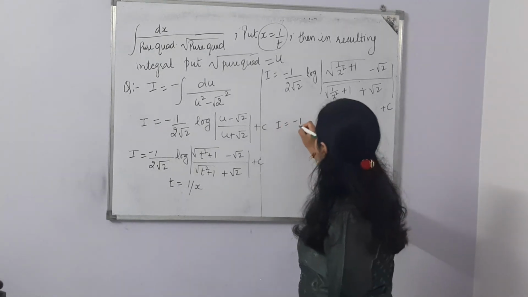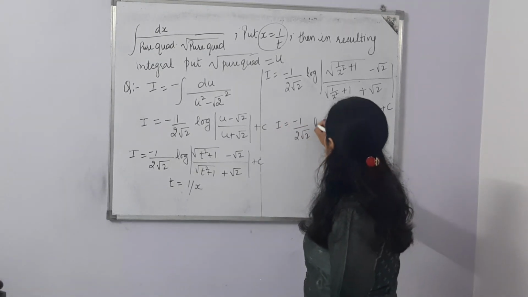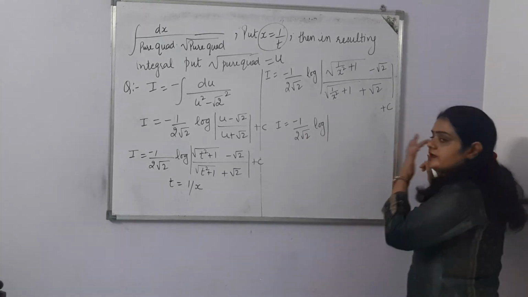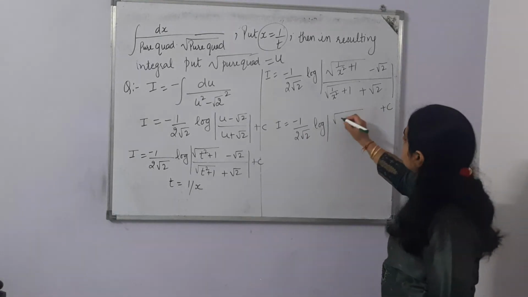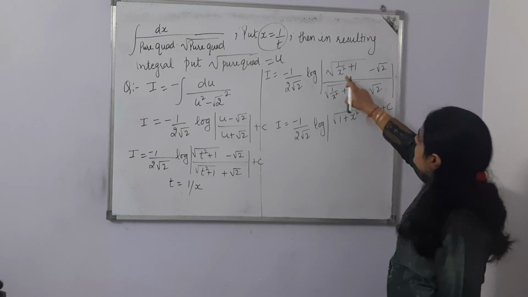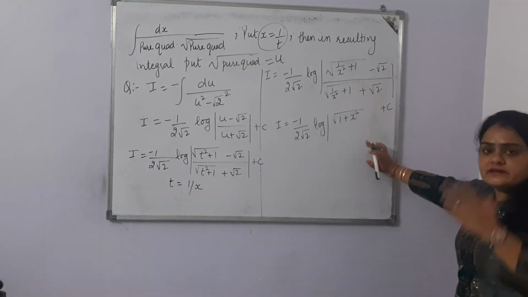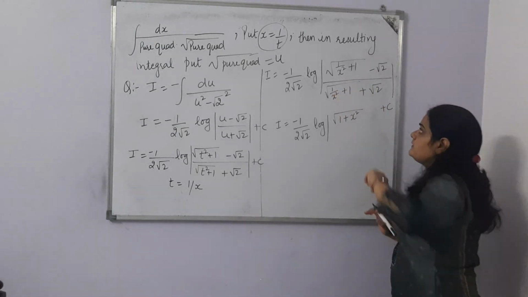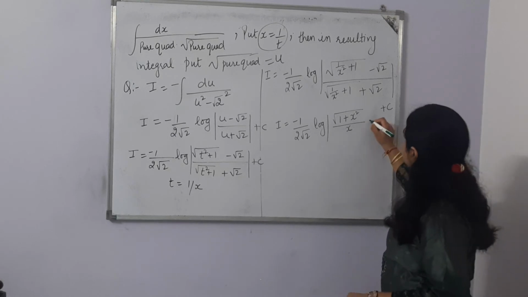So I is equals to minus 1 upon 2 root 2 log of, after taking LCM, we are getting 1 plus x square, and in the denominator we are getting x square, but just because of the under root it is now x.